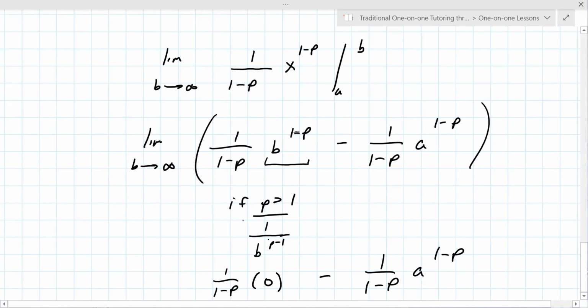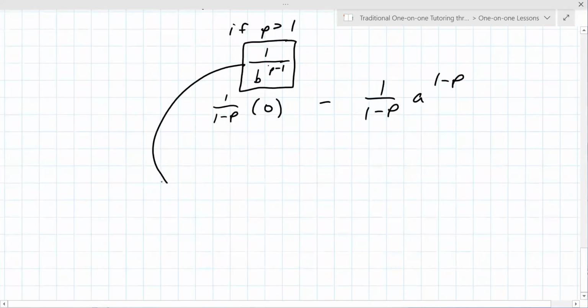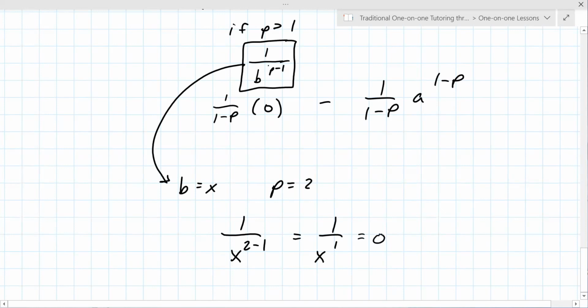So imagine B is really X and P is 2. This becomes 1 over X to the 2 minus 1, which is 1 over X to the 1. As X goes to infinity, what happens? It goes to 0. And if I put a 3 there, or 4, and so on, the same thing.